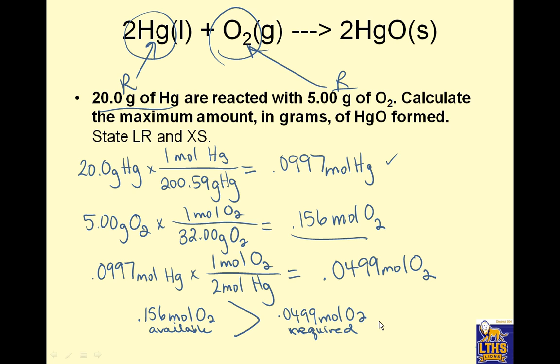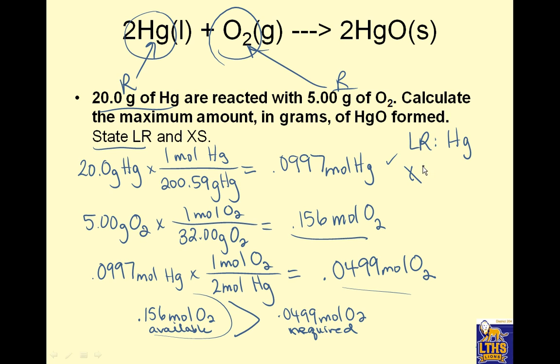So what does that mean? All right, so it's saying if all my mercury gets used, I only need that much oxygen. But guess what I have? I have this much oxygen. So what this means is the limiting reactant is mercury.